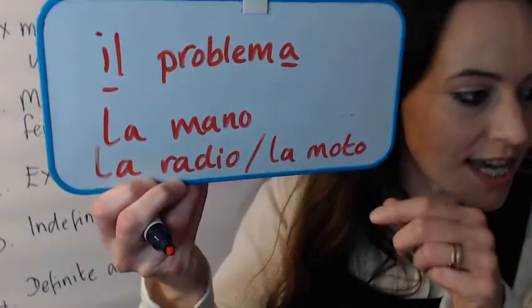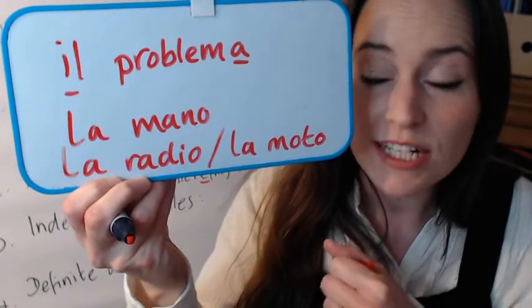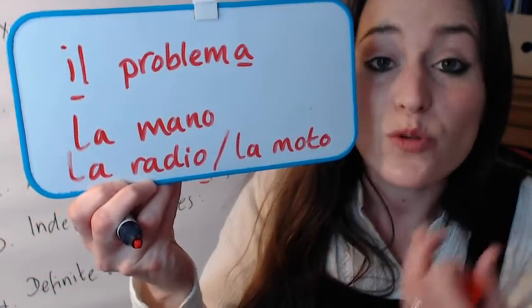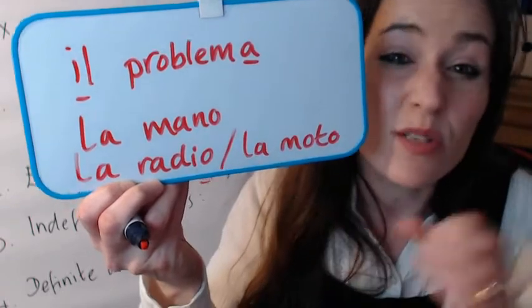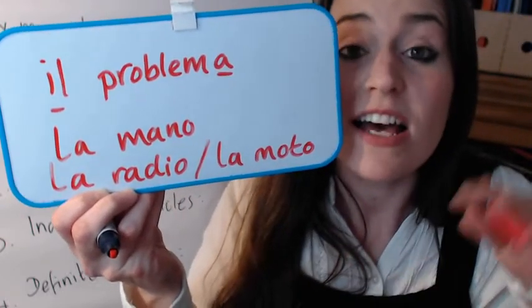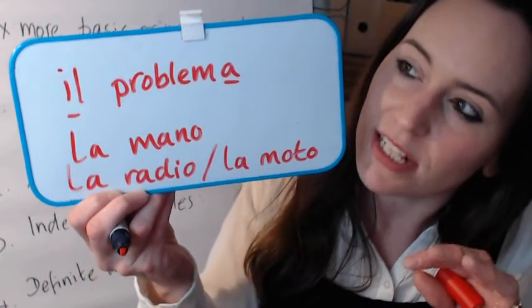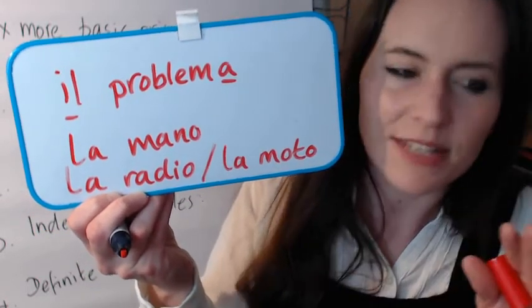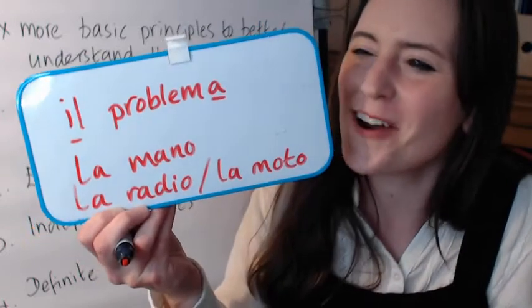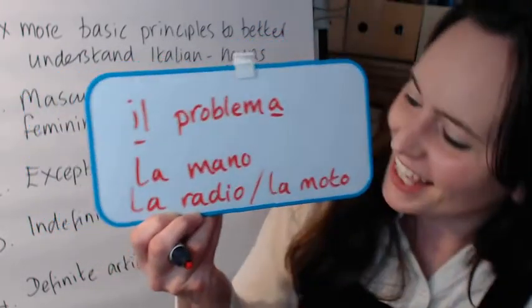They've been shortened down. So la radio, una radio, is a feminine noun, even though it's got an O at the end, because it was radiografia. Radiograph, radio.